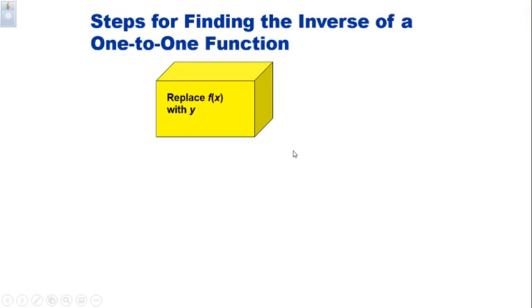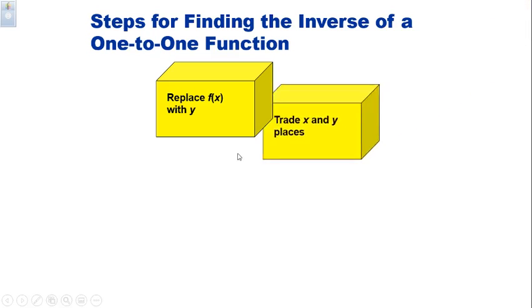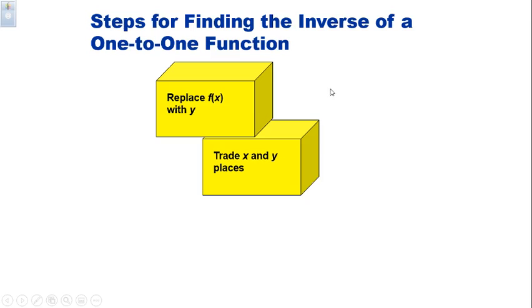The first step, which is the cosmetic step, is to just replace f of x or g of x or m of x or whatever the name of the function is with y, because f of x represents the y value, the output of the function. Once I do that substitution, then I am going to do the key step. This is the most important step of all, which is interchange x and y, trade places with x and y.